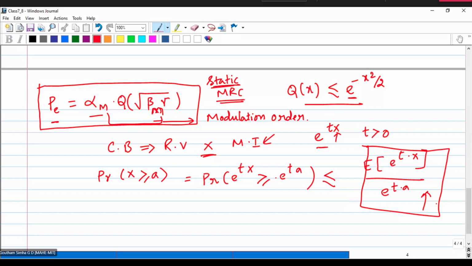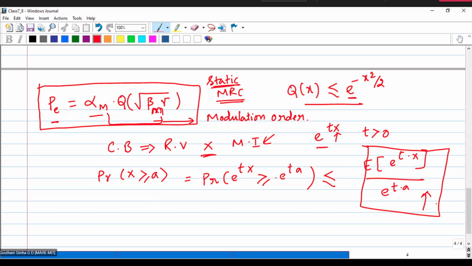Now you can generalize this term when x is the sum of n random variables, like in your different fading channel conditions. Why am I talking about x as a random variable? Because the signal S, the bit B, that you are transmitting is a random variable.